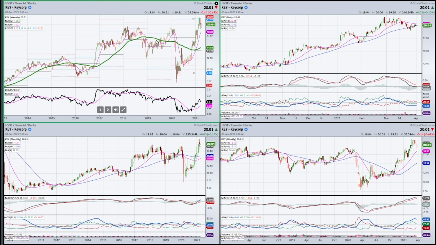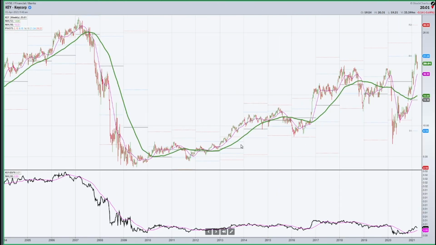But I want to look at this chart in the upper left for a second and just explain what I'm doing here. The big thick green line is the 18-month moving average overlaid onto the weekly chart. So I use a 72-week. It does a very good job of representing what the 18-month would look like on a monthly chart.